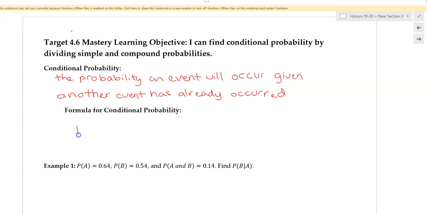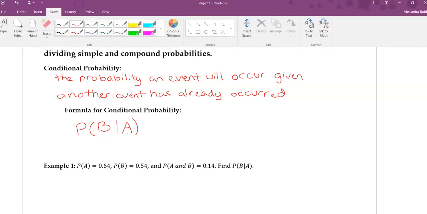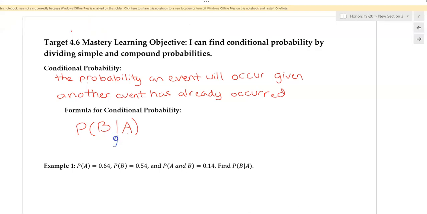So then, the probability of the event B given event A. And we write B first because event A has already happened. So in the timeline, A came first, and then we're seeing what B is. So B given A, this line here, we would say as given.